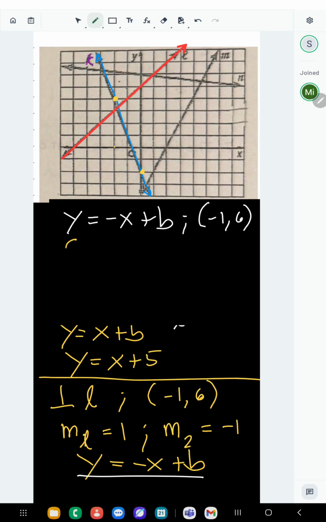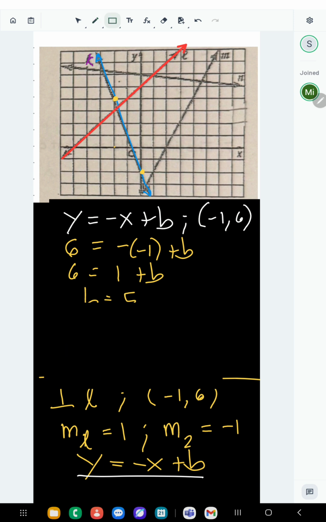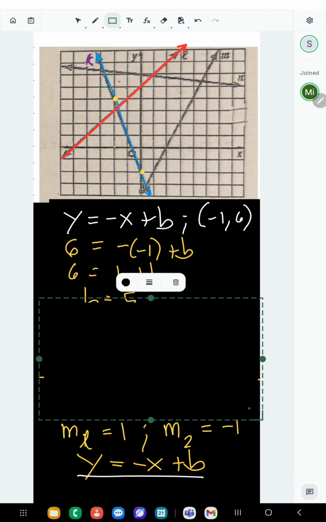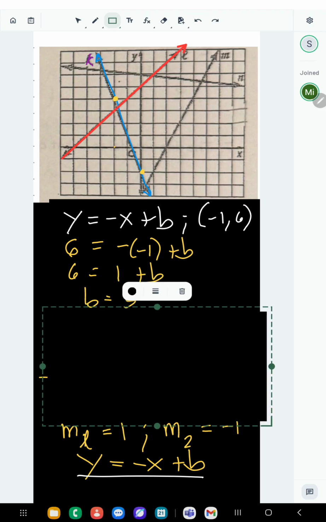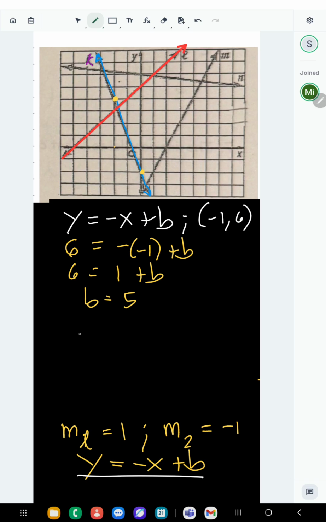So we just plug in the values of x and y. So 6 is equal to negative of negative 1 plus b. So 6 is equal to 1 plus b. So b is equal to 6 minus 1 or 5. Therefore, the equation of the line that is perpendicular to line L is just y equals negative x plus 5.